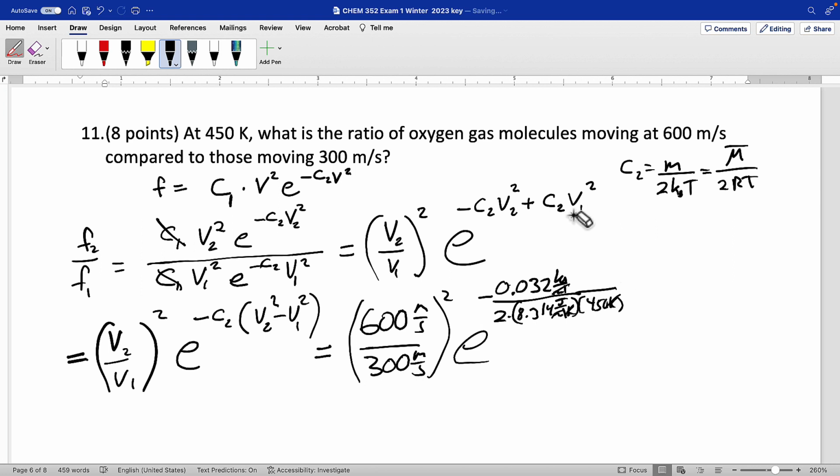And then we've got to put in V2 squared minus V1 squared. So we've got 600 meters per second squared minus 300 meters per second squared. Okay, so I think that's everything. Let me check my notes. Yes, that is everything. Great.